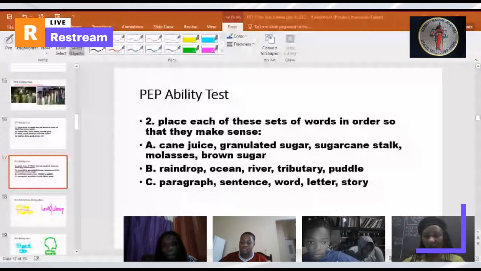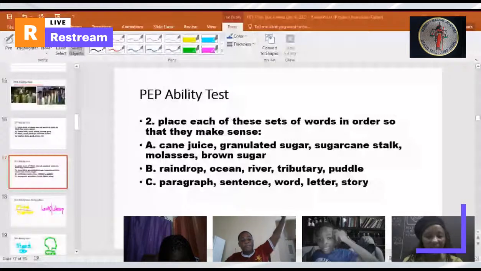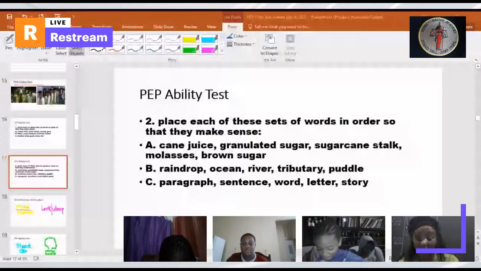Okay, so Amari agrees. So we'd have the raindrops, which form puddles, which form the tributary, which flows into the river, which flows into the sea. Now the next one: paragraph, sentence, word, letter, story.